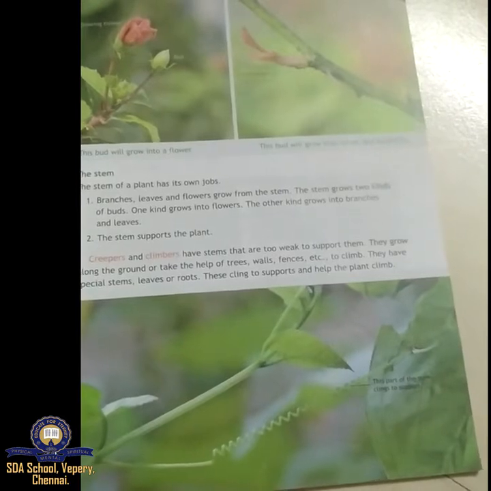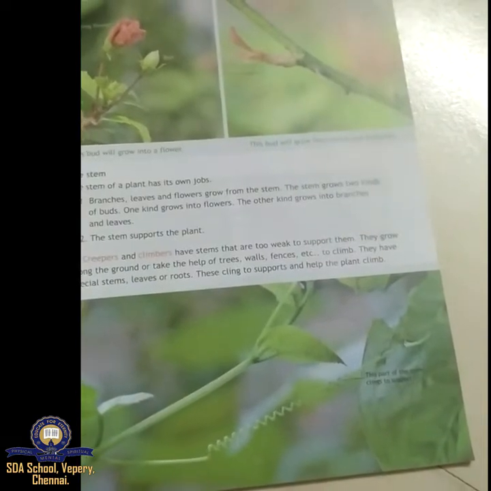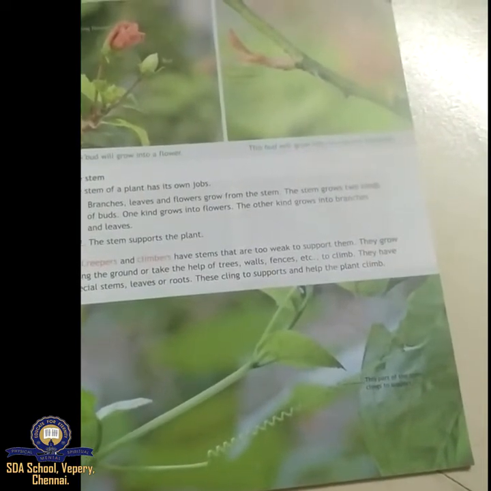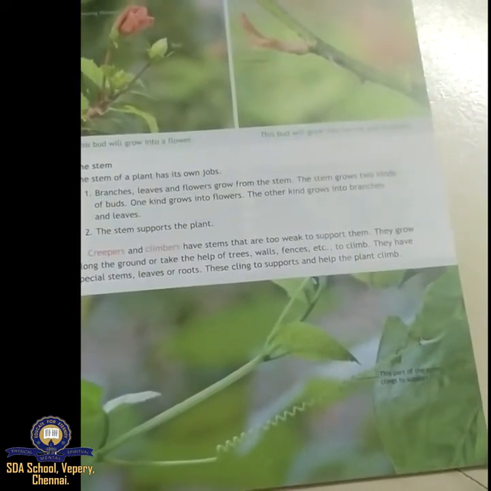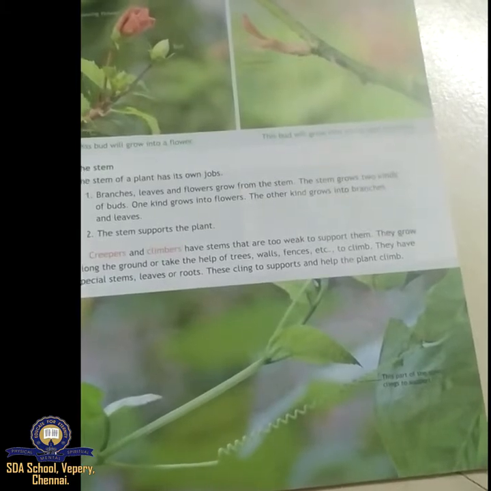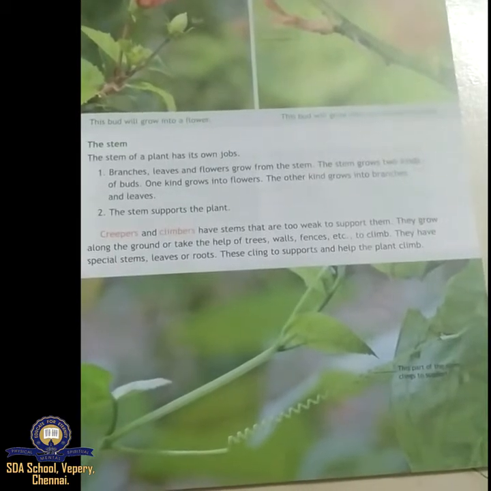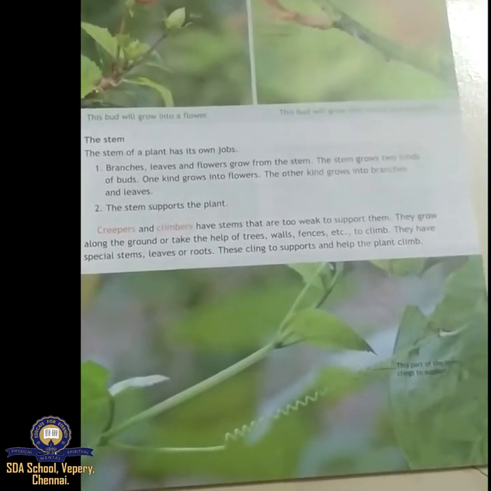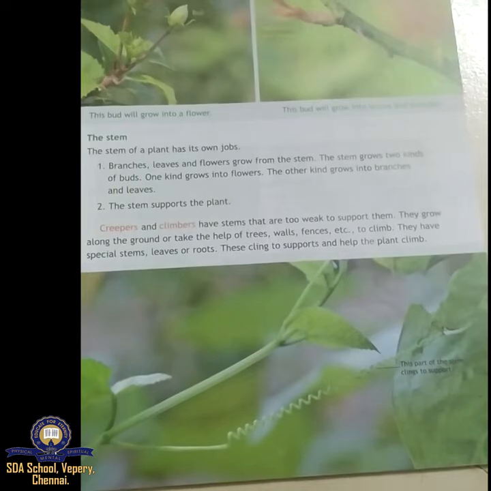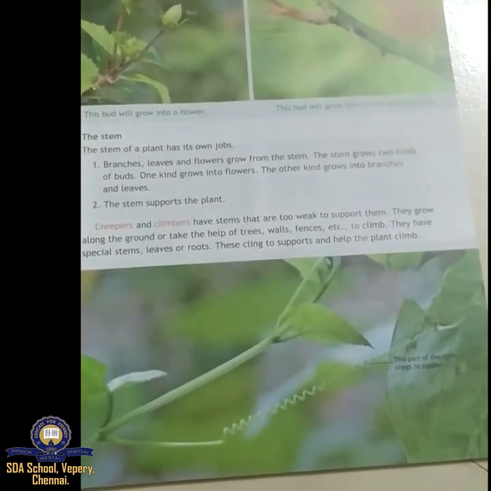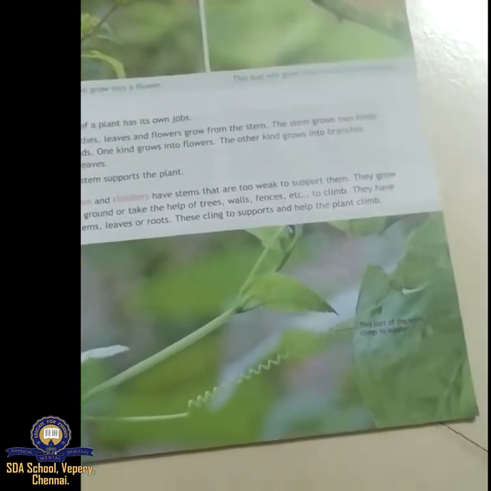You can see, for example, bitter gourd. These are plants which take the support of trees, walls or fences. They have special stems, and the stems are very weak, and these cling to support and help the plant climb.